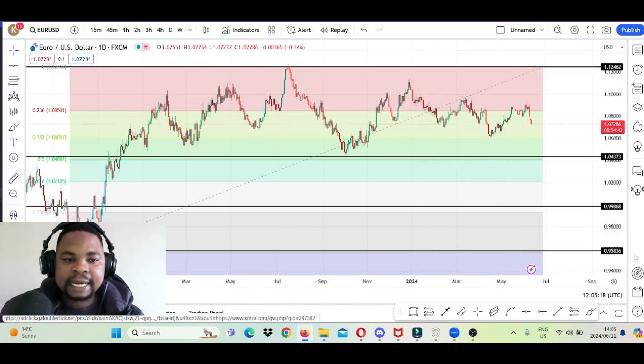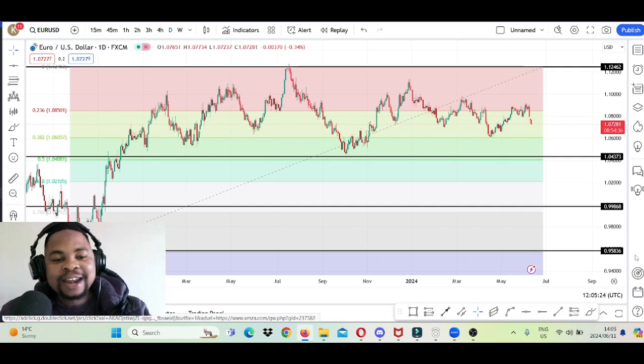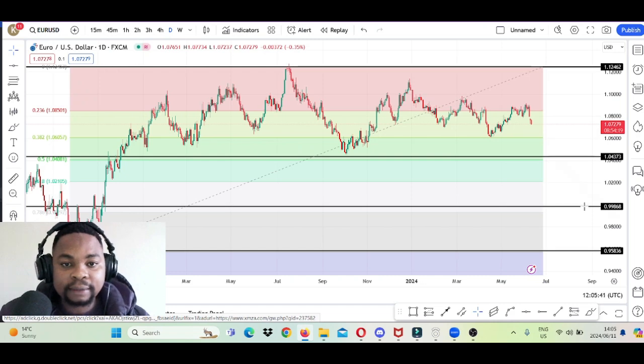And when I do that, you'll see that most of the time your already marked key levels are the Fibonacci retracements. They are mostly the retracements. They form part of the extension levels in your graph or at the market at that time.